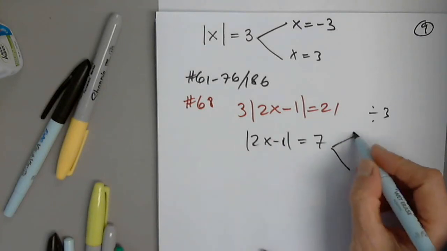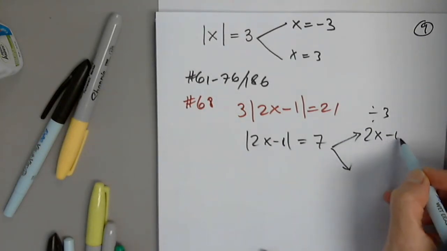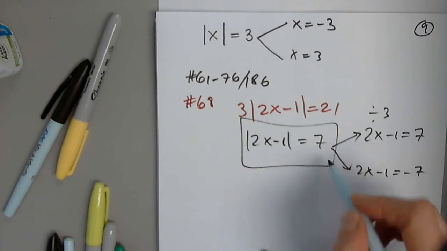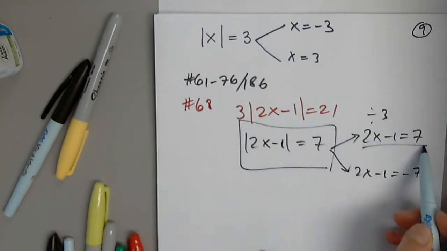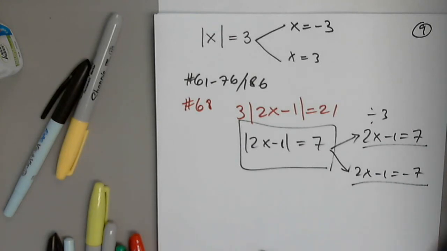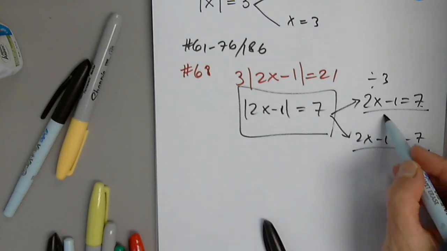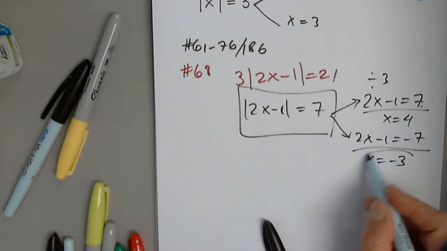So I want you to give me two equations: 2x minus 1 equals 7, and 2x minus 1 equals -7. You cannot solve this, it is untouchable, unless you know to replace it with these two. Okay, so I add 1 and divide by 2, and I get 4. I add 1, divide by 2, and I get -3.